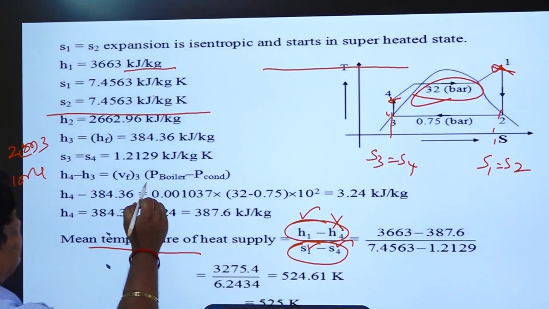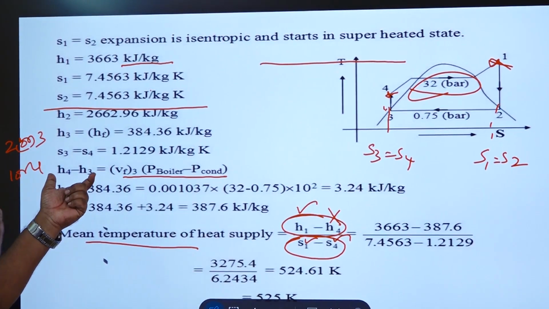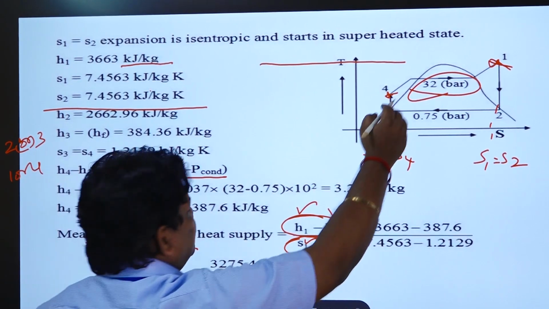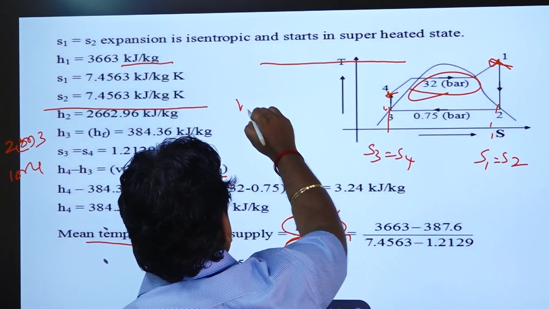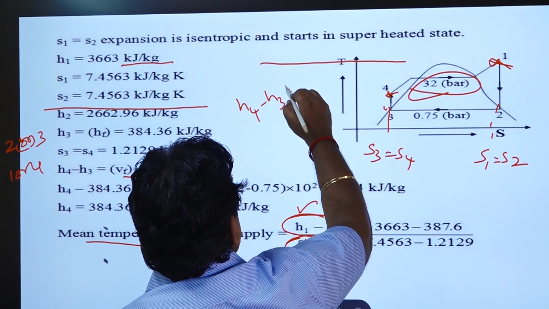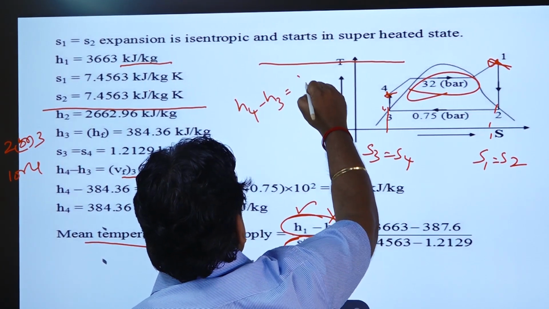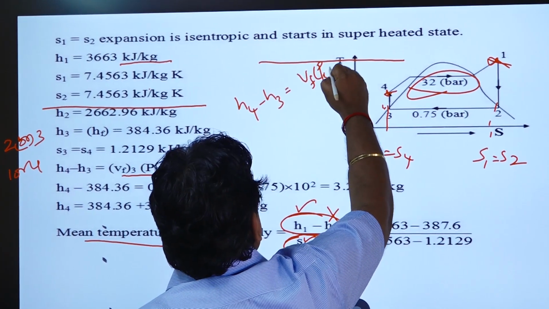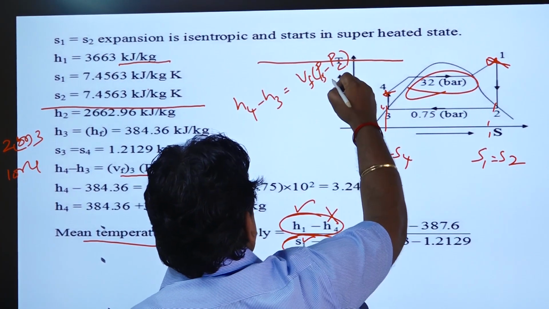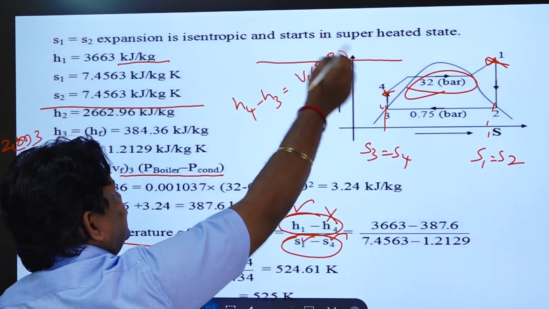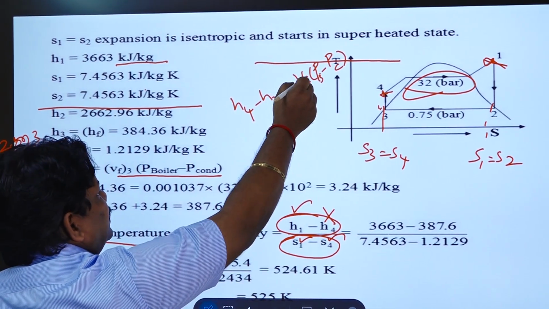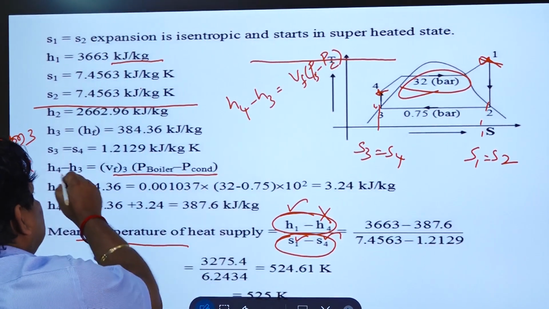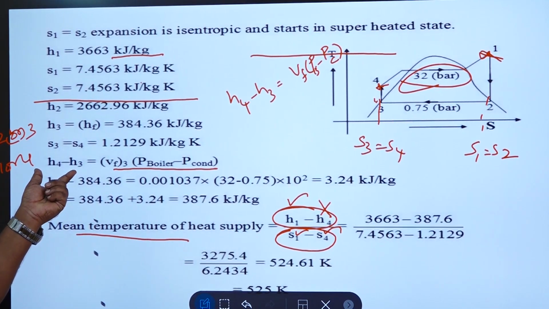H4 minus H3 will be equal to Vf into the pressure of the boiler minus the pressure of the condenser. So the pressure difference between the boiler and the condenser into Vf will give you the value of H4 minus H3.